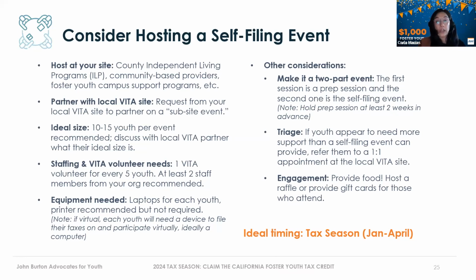Again, the equipment: you should have laptops available with secure Wi-Fi. You can encourage foster youth to bring their own, depending on what you decide to do. But you also want to have a printer available, because some youth actually want that physical copy of their tax return, and have envelopes ready so they can slide those in envelopes.